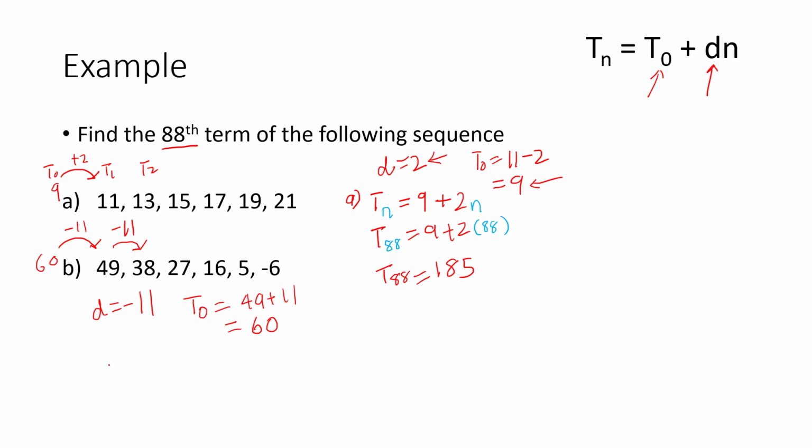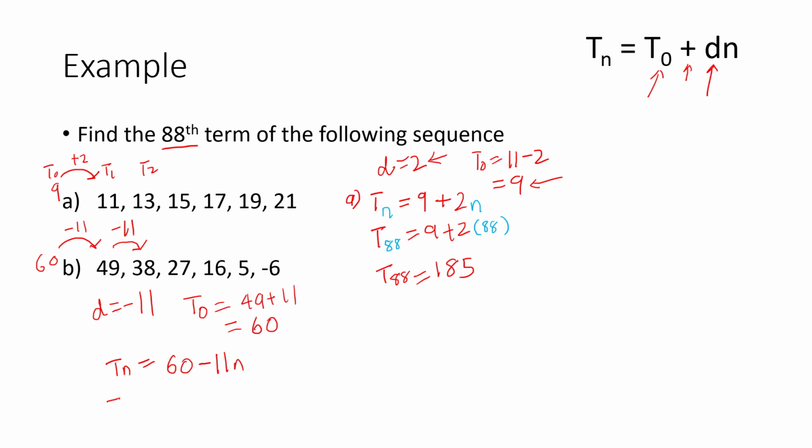Write the general formula or the general term. Tn is equal to term 0, which is 60. Now, you can see that this formula is plus, but in this case, d is negative. So you need to change it to negative 11n.